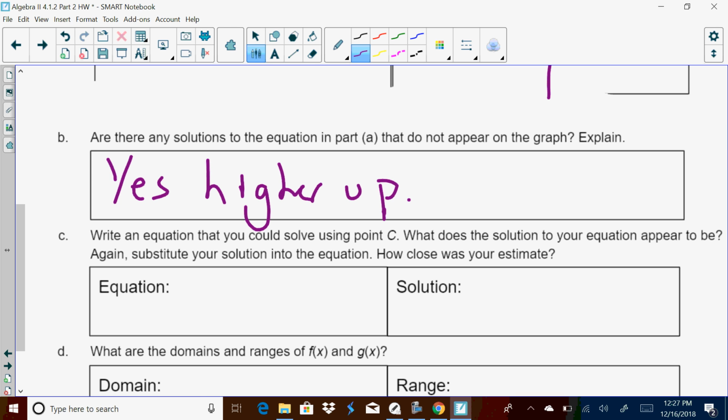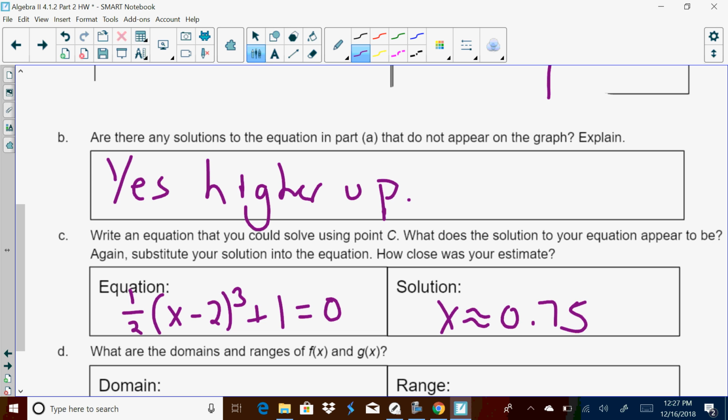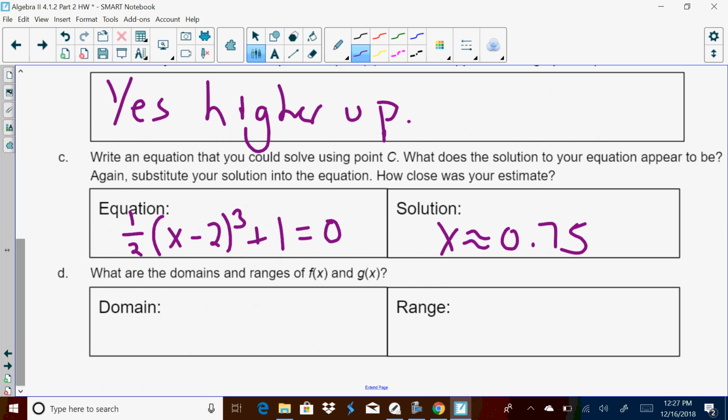C, write an equation you can use. So C's equation would be 1/2 (x minus 2) cubed plus 1 equals 0. So if we estimated it, it's approximately 0.75. Part D, what's the domain and the range for both?